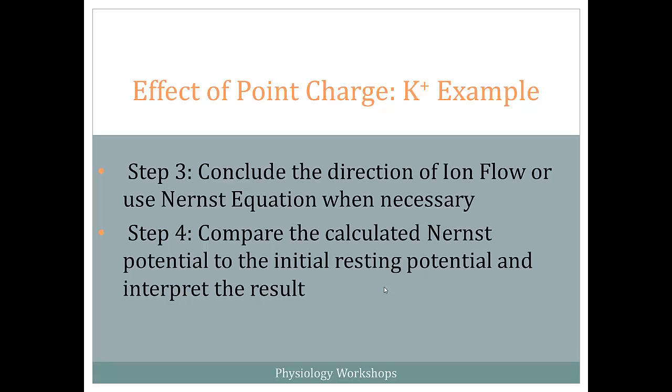So, since we started with a resting potential of negative 60 millivolts, we know that we have to somehow make the inside of the cell more negative by only moving potassium ions, since that's the only channel we opened.